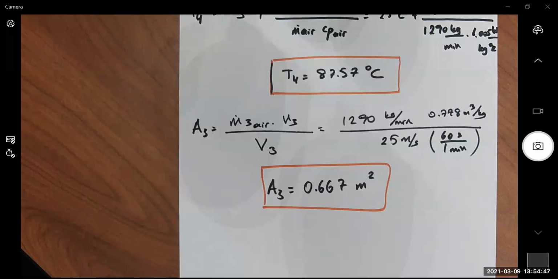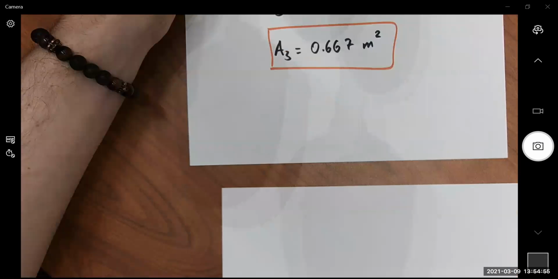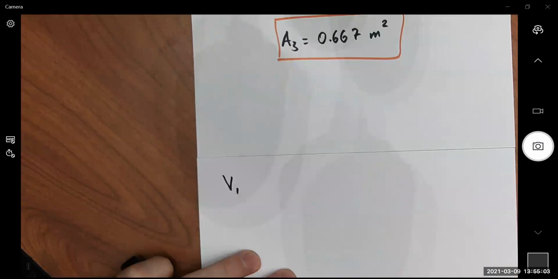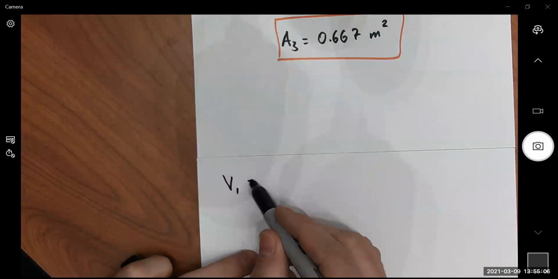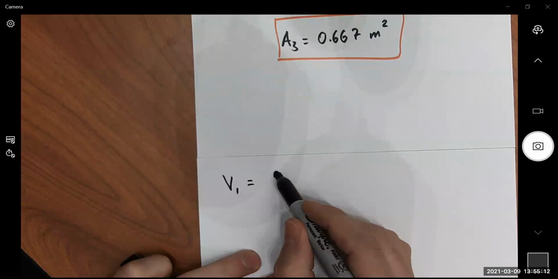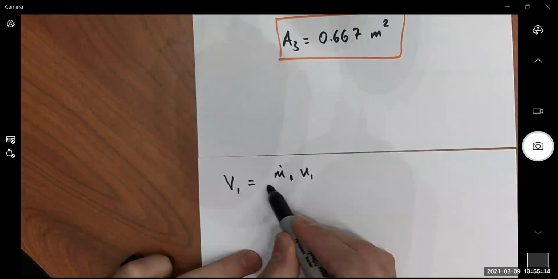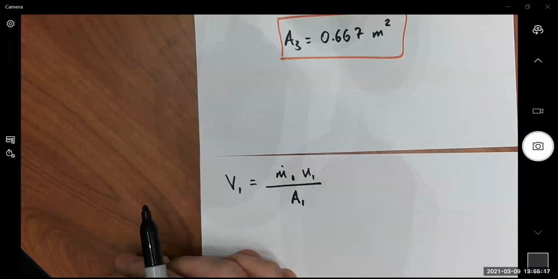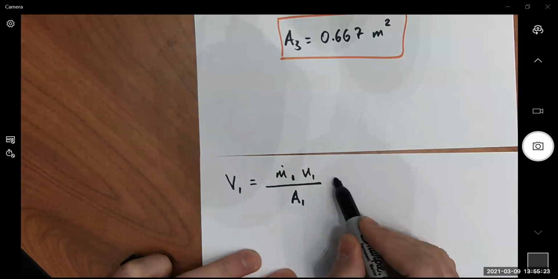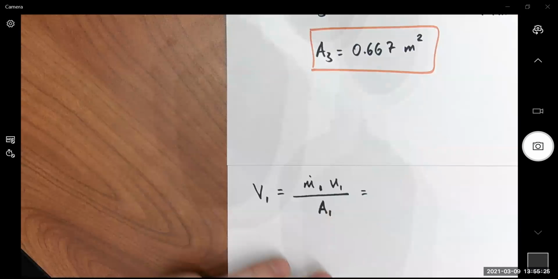Inlet velocity for the water, if the diameter of each tube is 2 centimeters. Right? What is the velocity? How do I find my velocity? Velocity equals mass flow rate times specific volume over an area. What is area in this case? All those tubes, okay? Number of tubes and each diameter area, right?